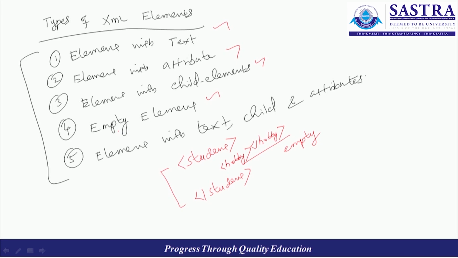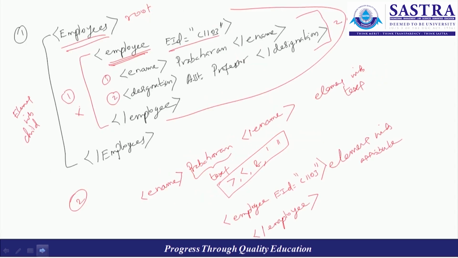In the sense, we can have at least an attribute. It's a way to describe an empty element. Next, element with text, child and attributes. Is it possible to have? Yes, we can have.